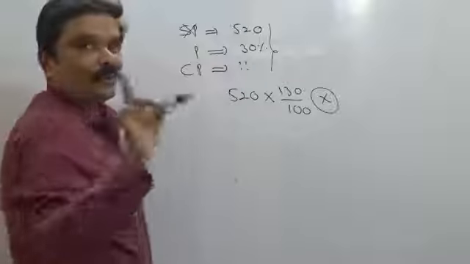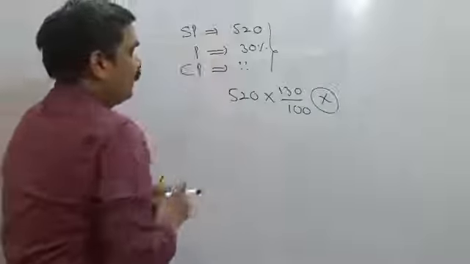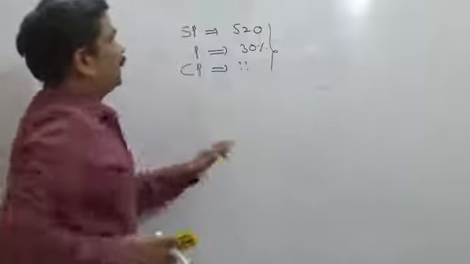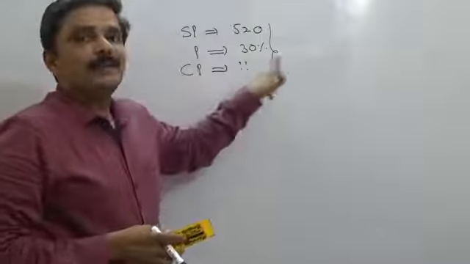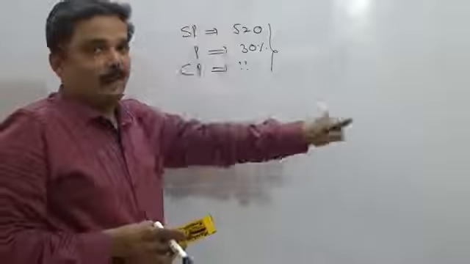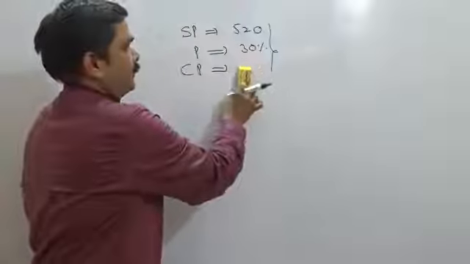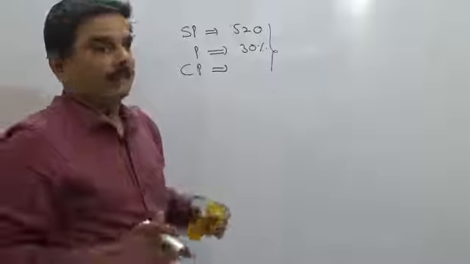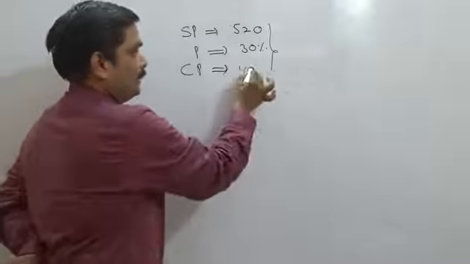Remember, this is the selling price. When they have given it this way, the selling price is this one, profit is this much percent, what is the cost price? In this case, you cannot do it that way. Now for this one, remember always in the profit and loss chapter, the cost price should be taken as 100%.